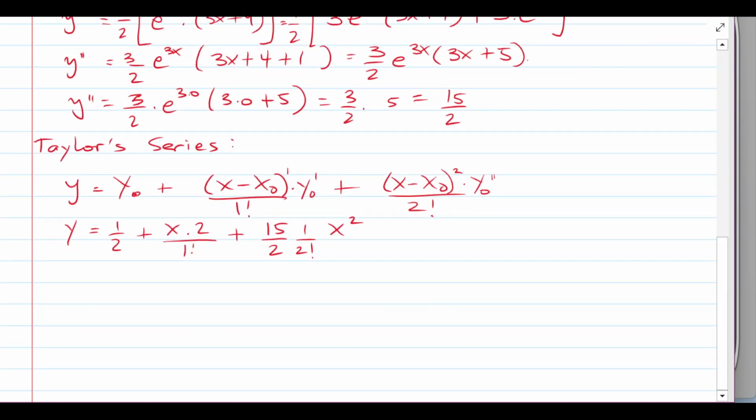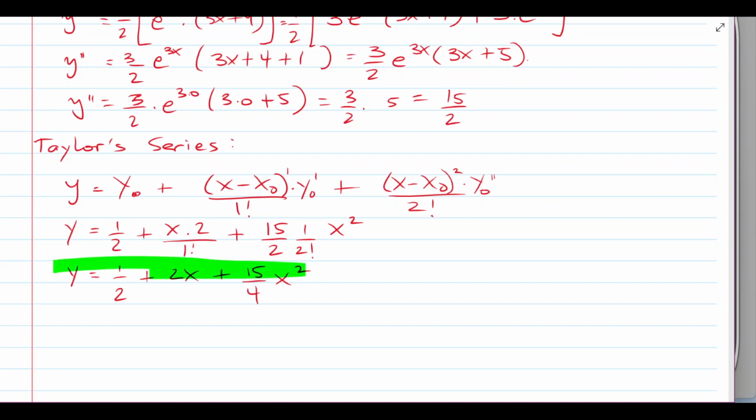So overall our Taylor series equals half plus 2x plus 15 over 4 x squared. So let me highlight this here.